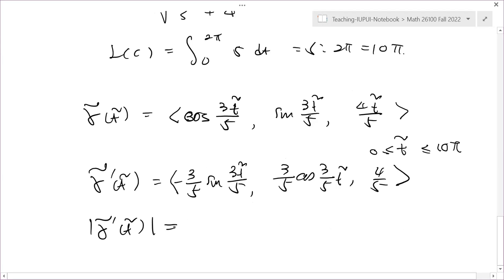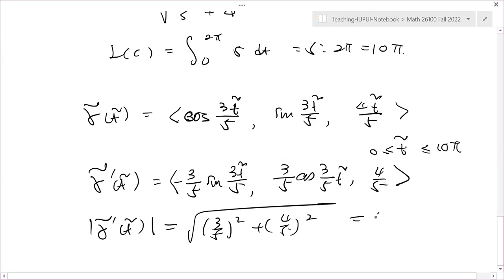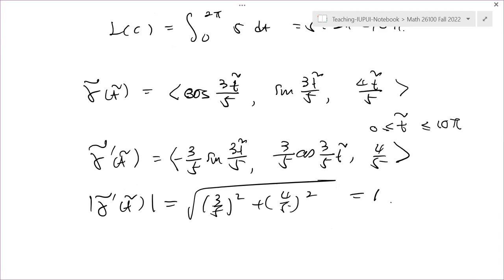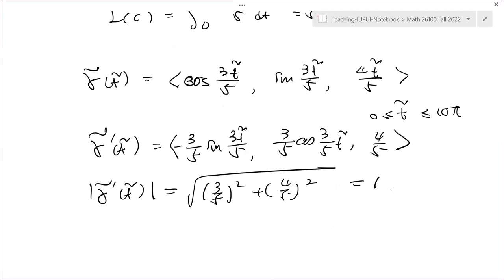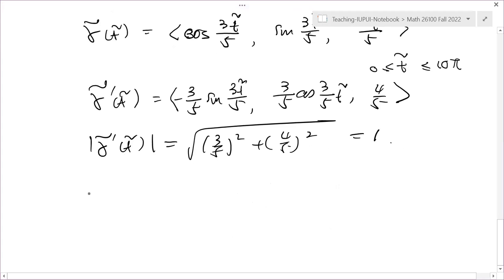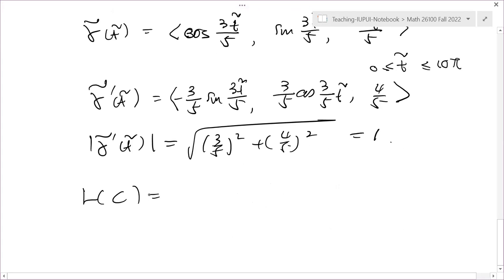The reason is it's 3 over 5 squared plus 4 over 5 squared, which is 1. So it's a constant speed, in other words, unit speed. The original parameterization is also constant speed. So the length using this parameterization is from 0 to 10 pi.